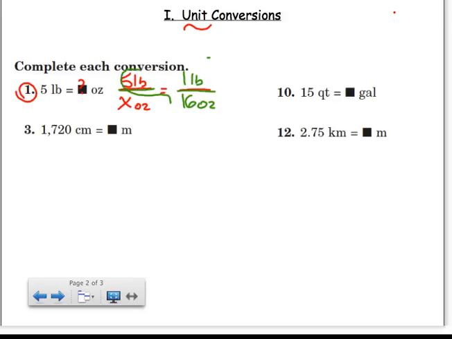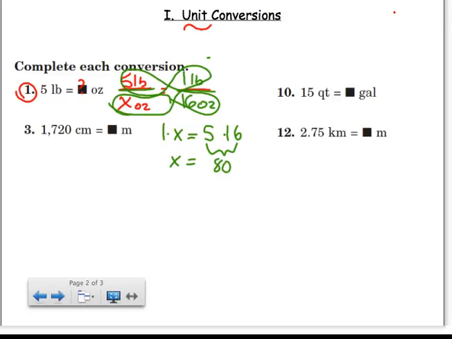I'm going to cross multiply 5 times 16, 1 times X. So 1 times X is equal to 5 times 16. 1 times X is really the same thing as X. And 5 times 16 equals 80. So X equals 80. And to take it completely back to its answer, that means 5 pounds is the same thing as 80 ounces. And that's my answer.